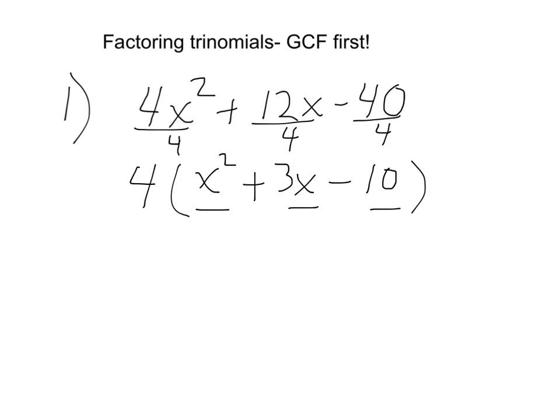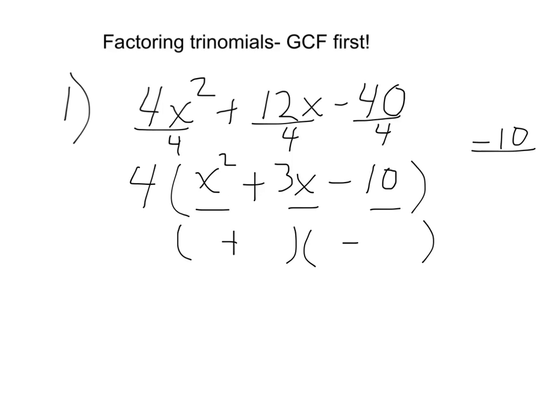Now, what I have is a trinomial that we are used to factoring with our same rules that we've looked at the last couple of days. My last term is a negative, and I need factors of negative 10 that will multiply to get me negative 10, but will also add up to this middle term, the positive 3. So I know that my signs have to be a plus and a minus.